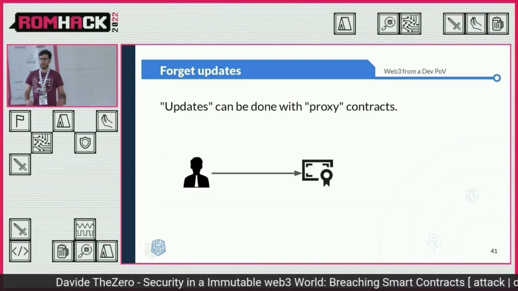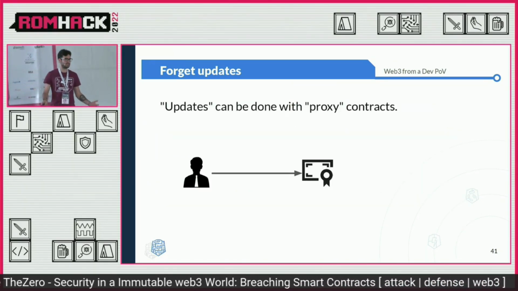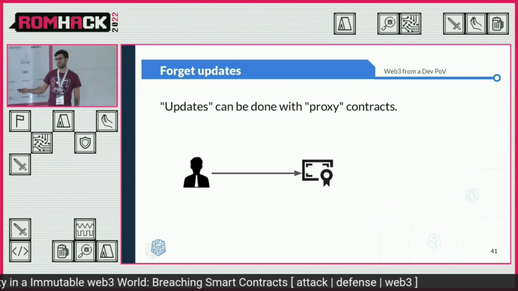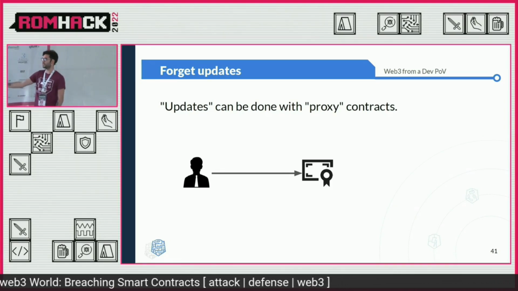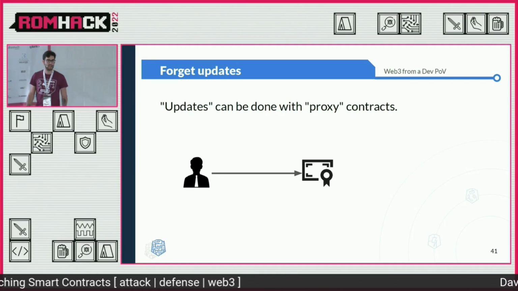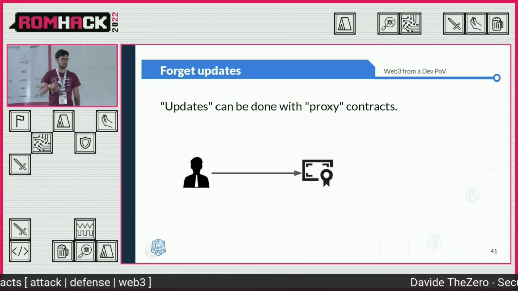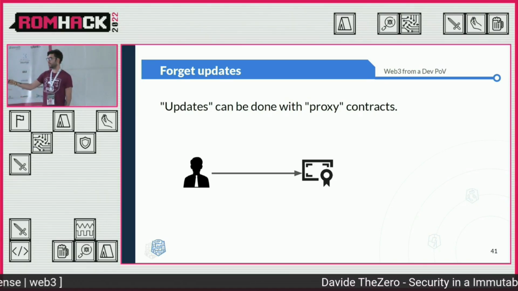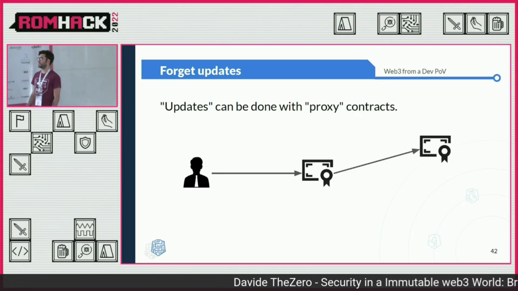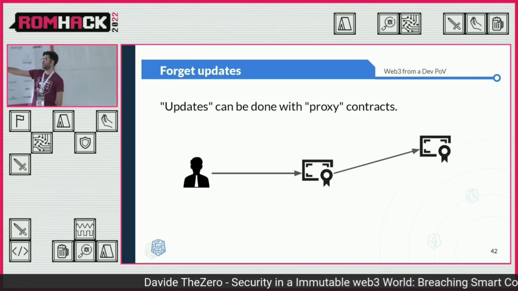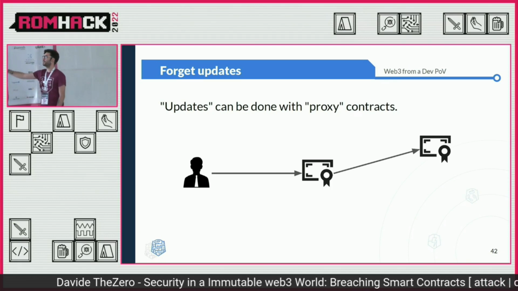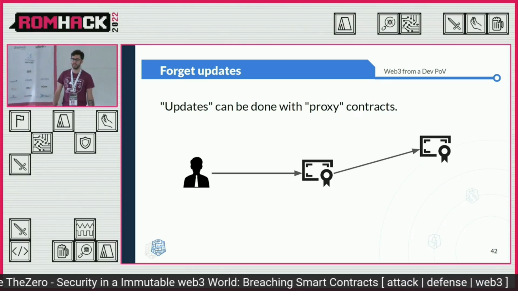And a mechanism like updates can be done with a proxy contract, and this is Bob again that wants to interact with your contract. And instead of making Bob interact with the smart contract directly, we instead build a proxy contract in the middle and then the real implementation contract behind it.